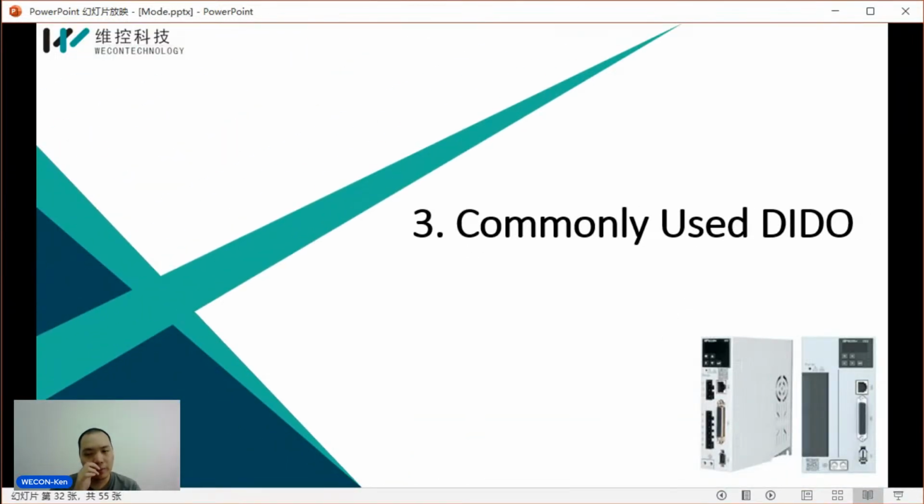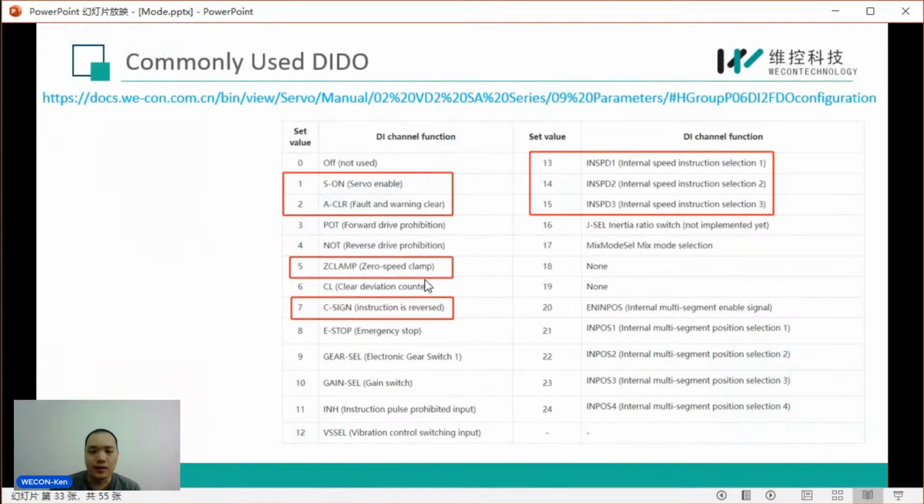Okay, the final parts of speed control. Finally, the final parts of speed control, commonly used DI and DO, same as position control mode. We commonly use this part, and click this link for detail.